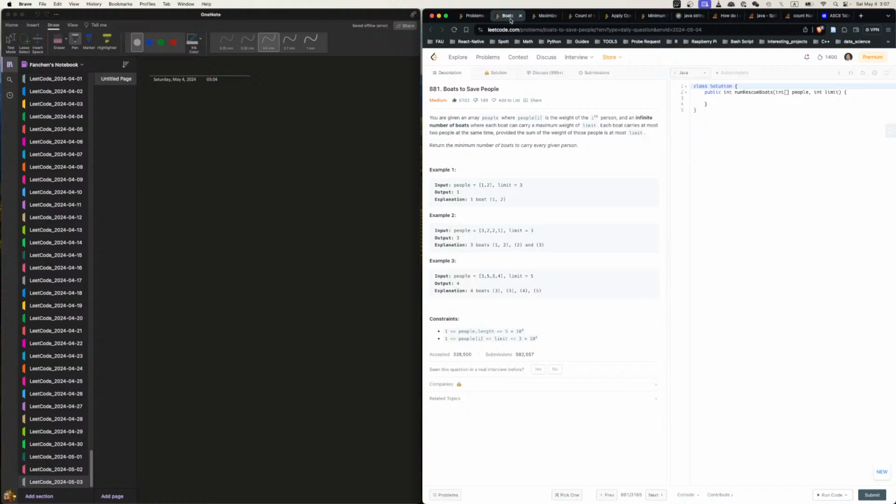What if you don't pair with the current lightest? If you don't, and you say pair with something else is going to be a better solution, then the lightest needs to be paired with something, right?